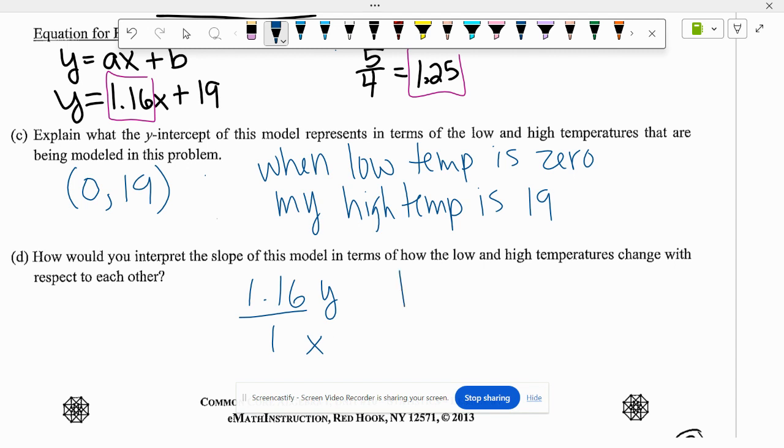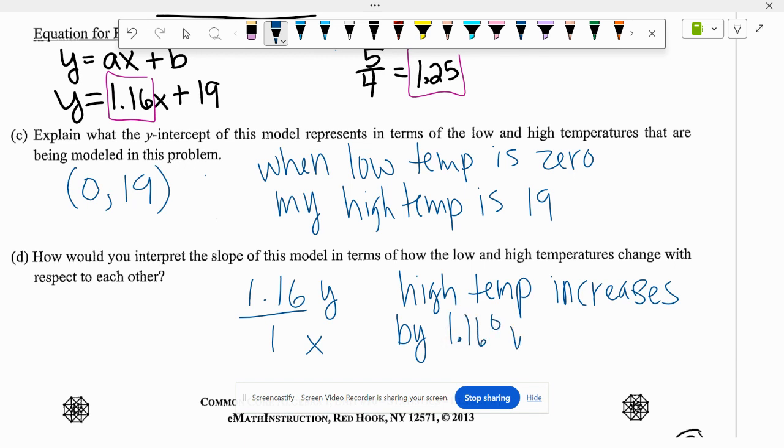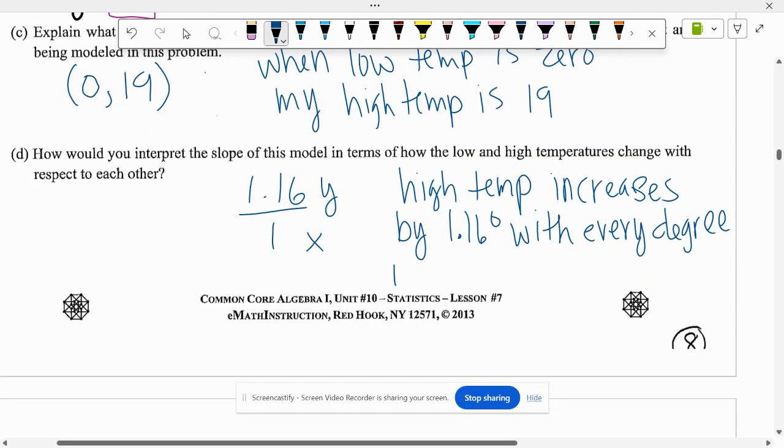So it means that the high temp, it's positive, so that means it increases by 1.16 degrees with every degree increase in the low temp.